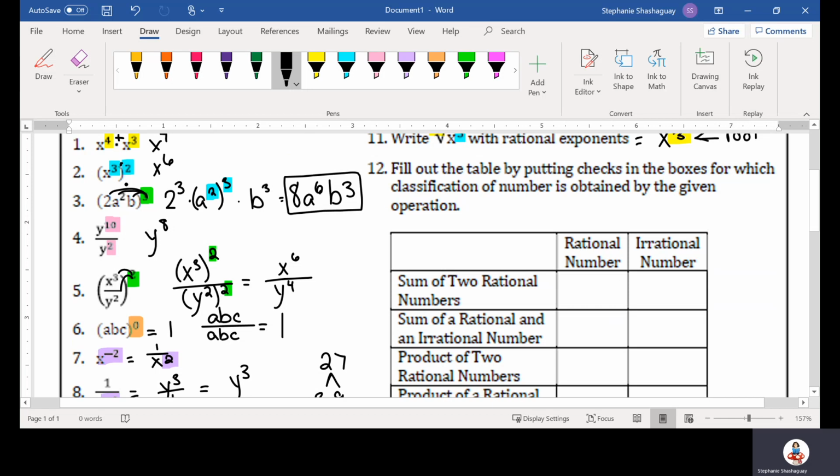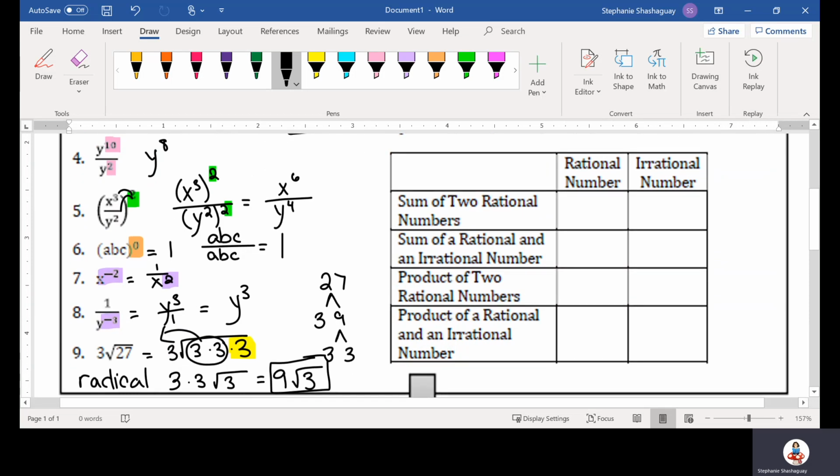Number 12, fill out the table by putting checks in the boxes for which classification of number is obtained by the given operation. So the sum of 2 rational numbers. So we're going to have r plus r. Well, that's always going to equal a rational number. The sum of a rational and an irrational number.